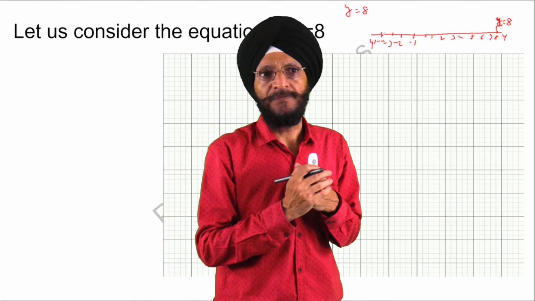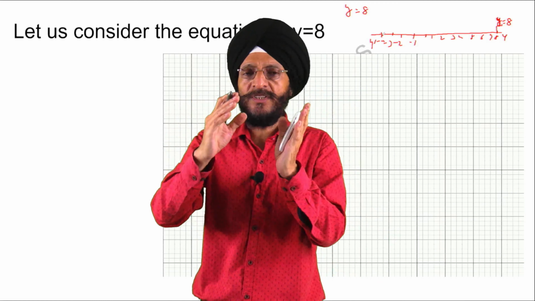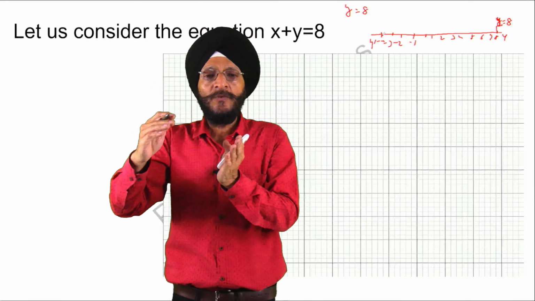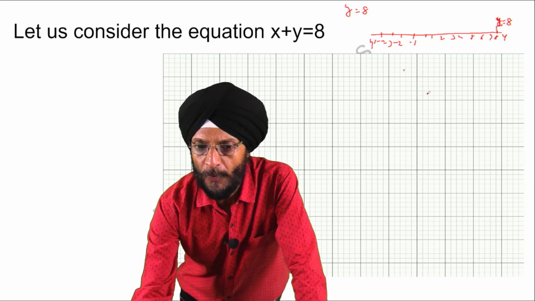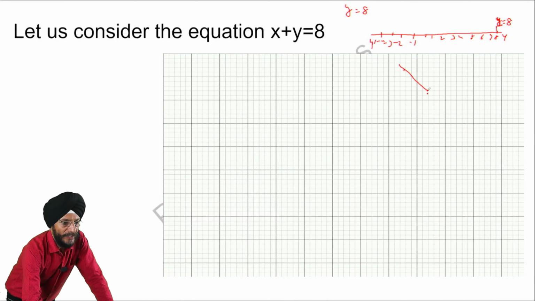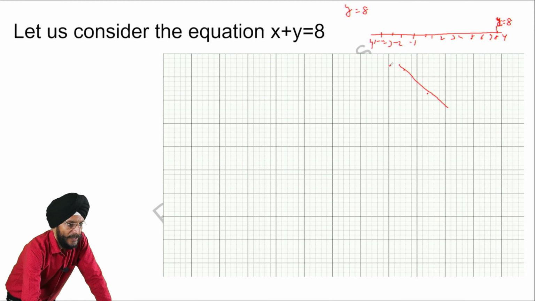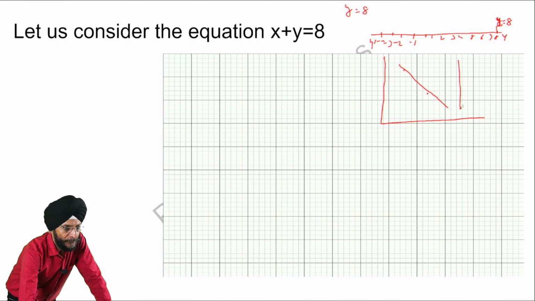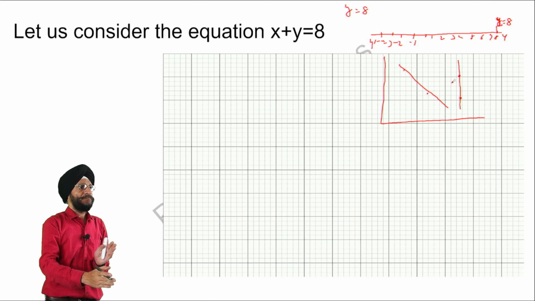two variables, when we are to draw the equation graphically, we will have to find out 2 points which can be joined together so that we can form the graph. The graph can take the shape of, say, this one, or it can take the shape of this one, because if the points we have found are this and this, then it will take the form of a straight line.